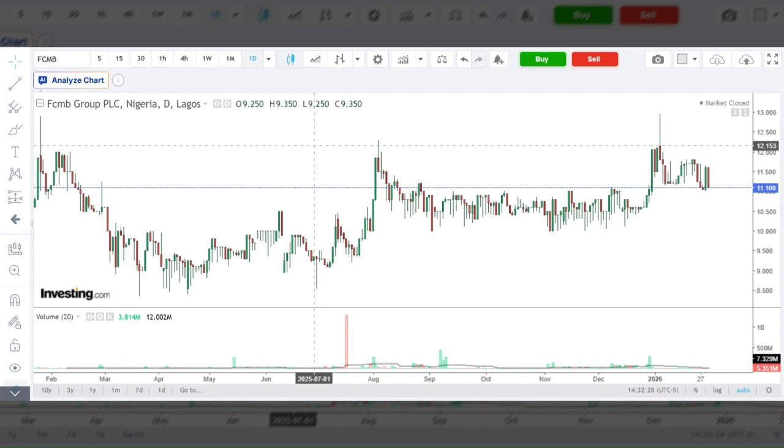Today, we are going to do another stock analysis, but this time we want to talk about the common fear that beginner stock analysts face when analyzing stocks with spikes like this.